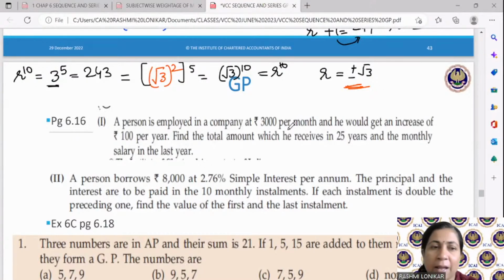And in the next one, a person borrows 8,000 at 2.76 simple interest per annum. Here, first find out the simple interest, add it to the principal, and the total amount you have to pay in 10 installments. So you will get that the first installment is 8 rupees, and then you can find out the other installments.